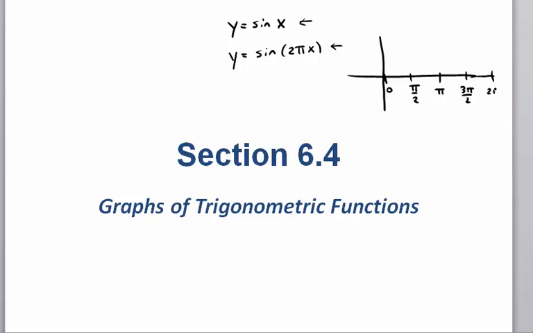If you remember, our sine graph looks like this. And when it reaches 2 pi, it starts another up cycle as a repeat of the first one. And so we say that the period is equal to 2 pi.